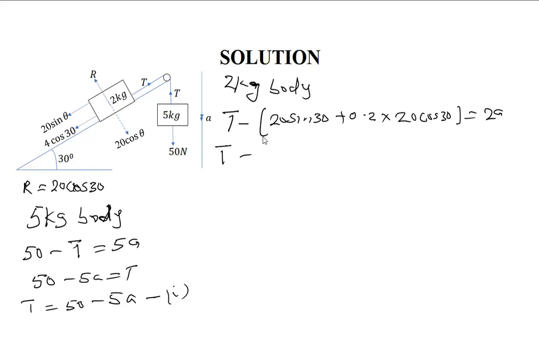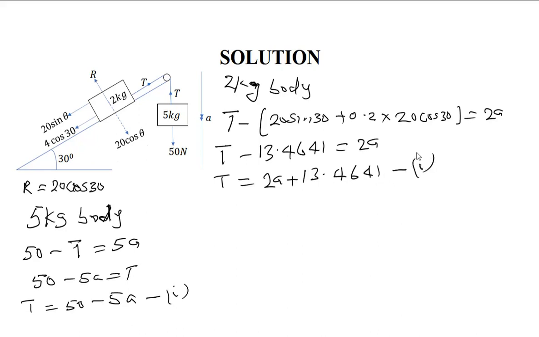That will give us 13.4641, equal to 2A. So T will be 2A plus 13.4641. This is our equation 2.